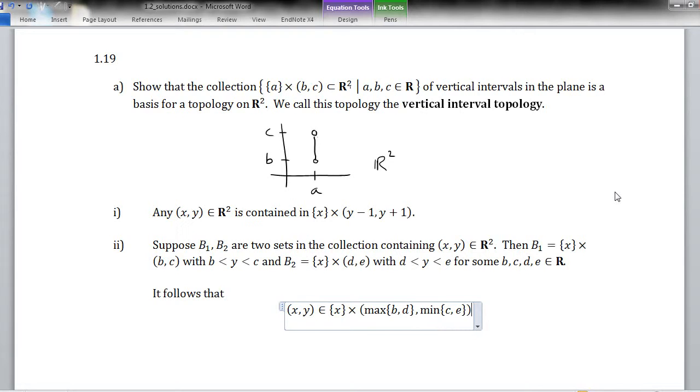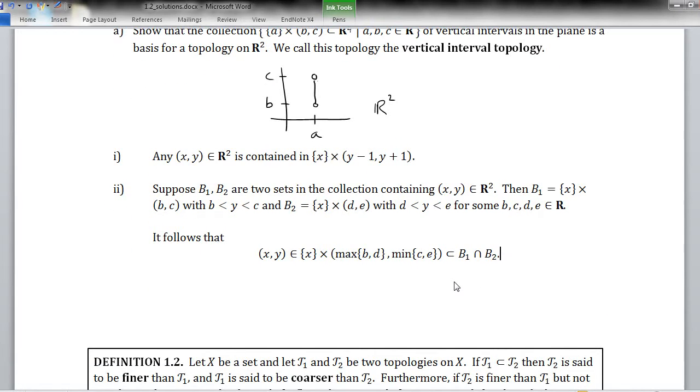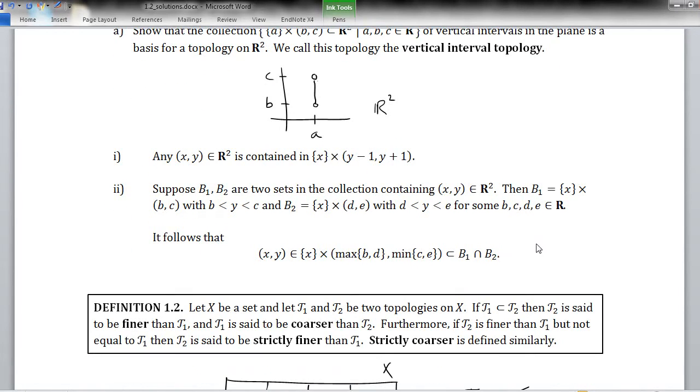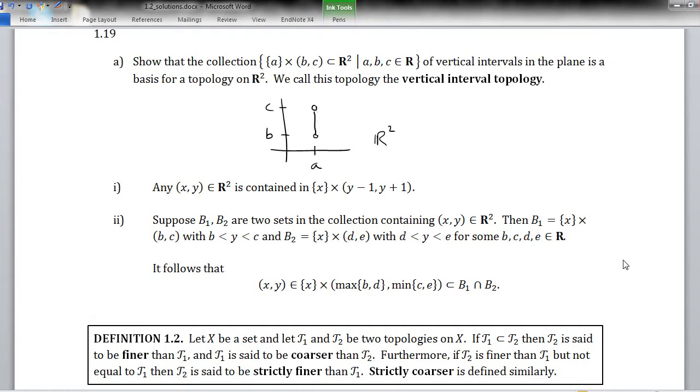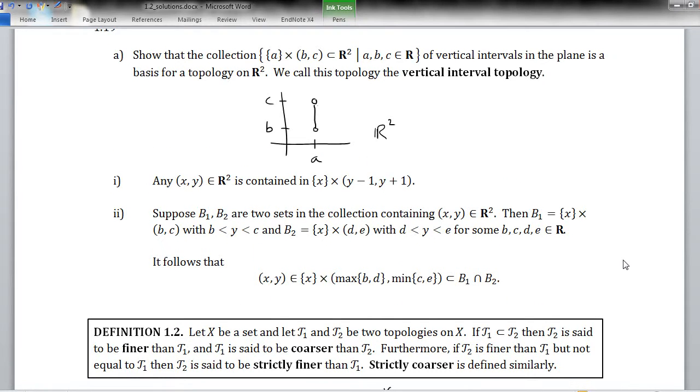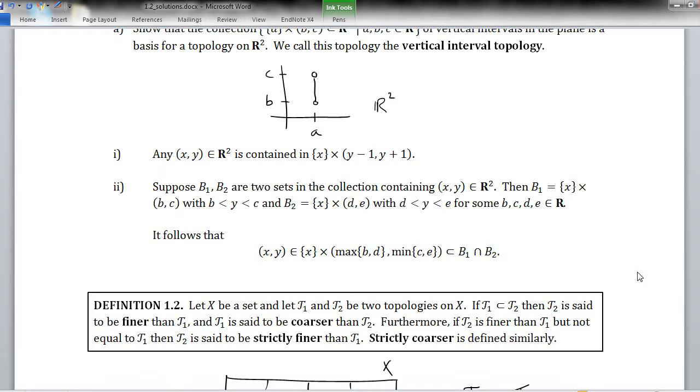And that in turn is a subset of both B1 and B2. So we're done. We found a B3 which contains the point xy, and it's contained in the intersection of B1 and B2. All right, so this collection of sets does form a basis. So we have this vertical interval topology.